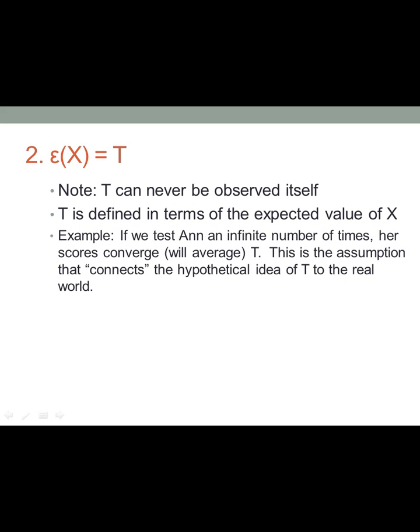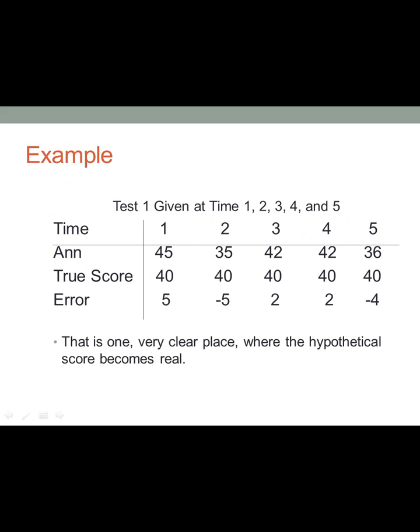This is the assumption in classical test theory that connects the hypothetical idea of the true score to the real world. I've plotted out an example of this where we have given Anne the creativity test, let's say 5 weeks in a row, 5 different testing periods. And on those 5 tests, she will get 5 different scores.